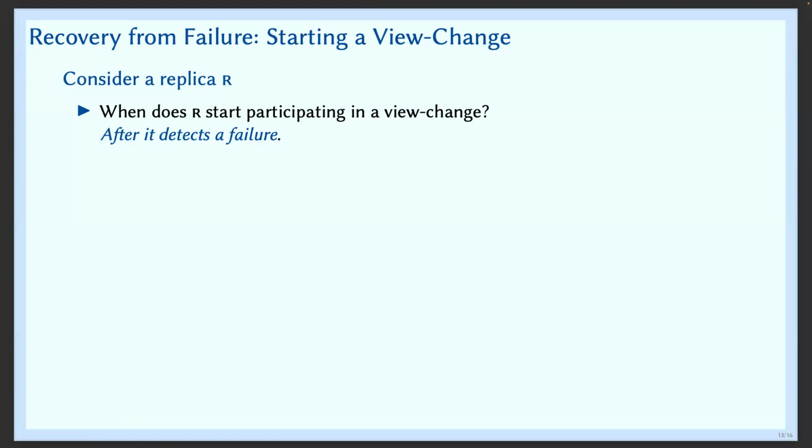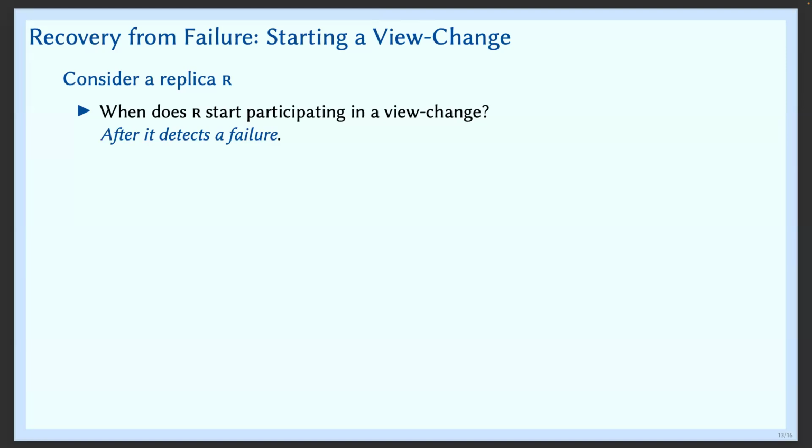So for example, he may detect a failure, you may detect a failure, and then you send a view change. Currently I'm the current primary. You detect failure in the sense that you've been waiting to get a prepare or a commit and you're not getting it, so you time out. You also time out. You send the view change message to him. He's the next in line.